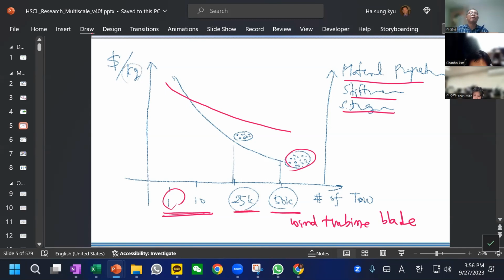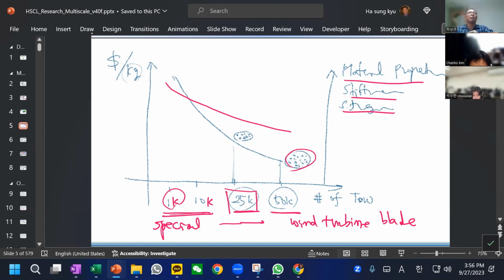And 24K, while the cost is okay, material property is okay. So this is very widely used, a very standard number of toe. And this is for very special purpose. It's not just one, it's a 10K or something like that, okay?